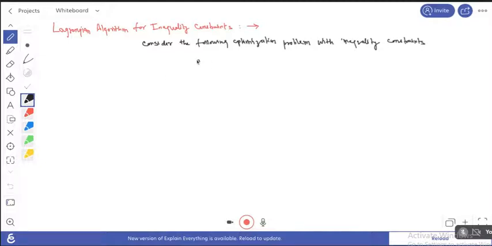and suppose you have to minimize our objective function, that is f naught x, subject to constraints, and suppose there are m number of constraints. So here the function g is mapping from Rn to Rm.